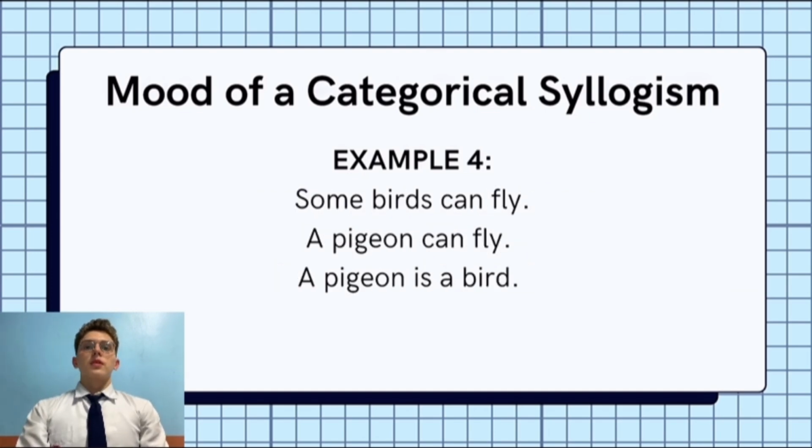Example 4. Some birds can fly. A pigeon can fly. A pigeon is a bird. The mood of this argument is the same as the third example, with it going from some to all are and ending with all are, meaning the mood is still IAA.